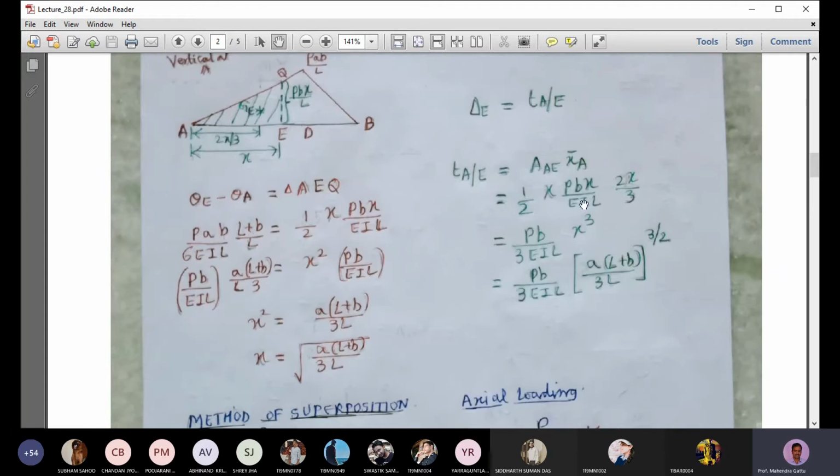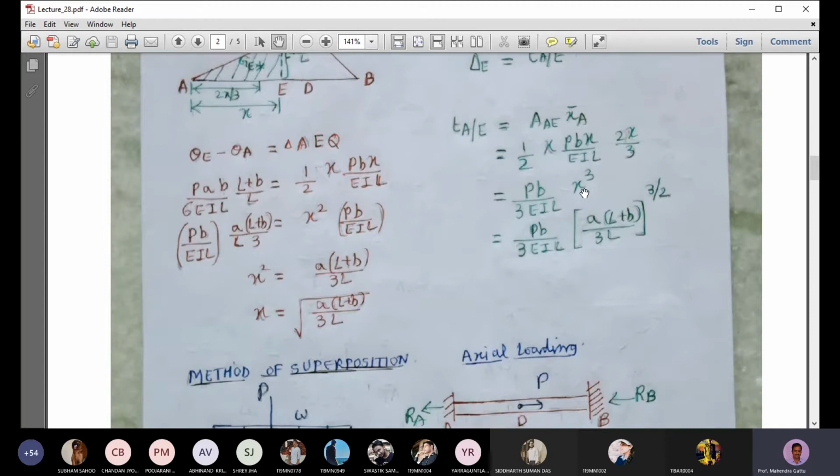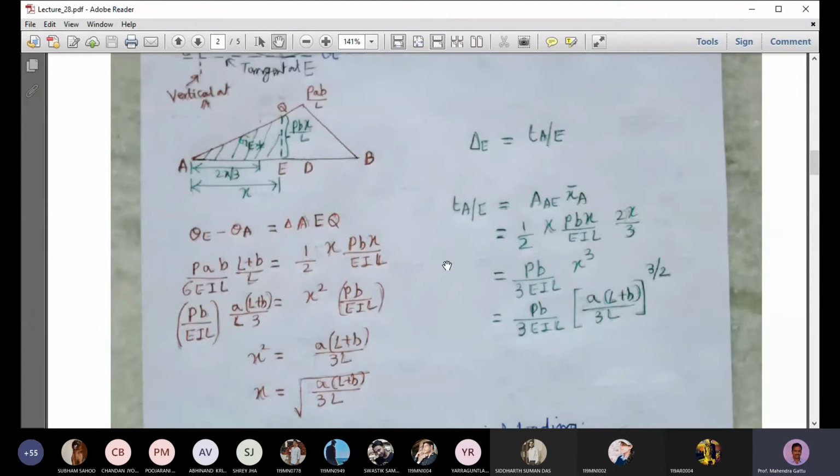So we get x cube and PB by 3EIL. We just substitute x equal to the square root of A into L plus B by 3L, and we get this answer. This is the maximum deflection occurring due to the application of the point load. It is not occurring exactly at D, it is at a different location, unless the point load is acting at the center, in which case E and D will coincide.